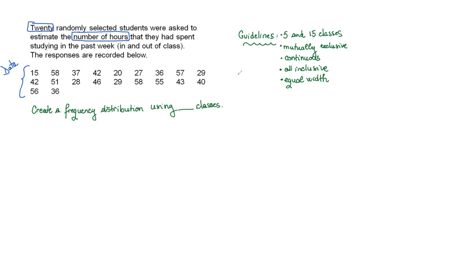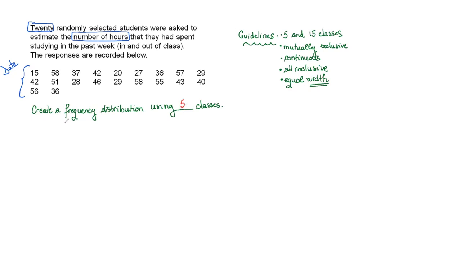Classes are actually the intervals in which we will put this data. So we have to create a certain range where the values will be placed, and they should not overlap. Those should be continuous and inclusive. All data should have a place in those classes, and those should have equal width. We'll talk more about the width later. For now, for this problem, I'll be using 5 classes.